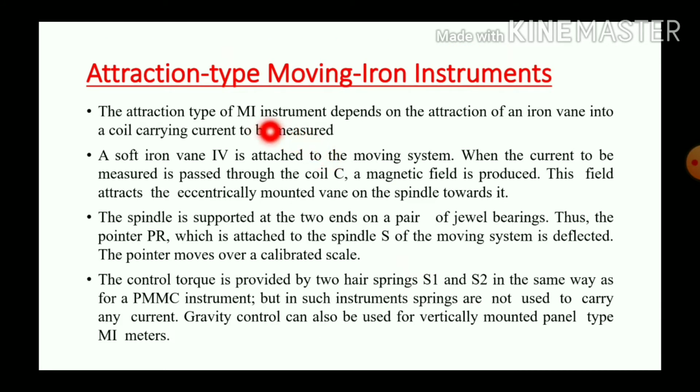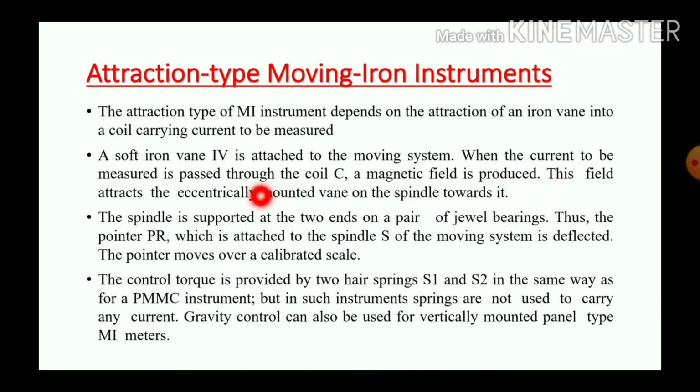The attraction type moving iron instrument depends on the attraction of an iron vane into the coil carrying the current to be measured. A soft iron vane, represented by IV, is attached to the moving system. When the current to be measured is passed through the coil C, a magnetic field is produced.